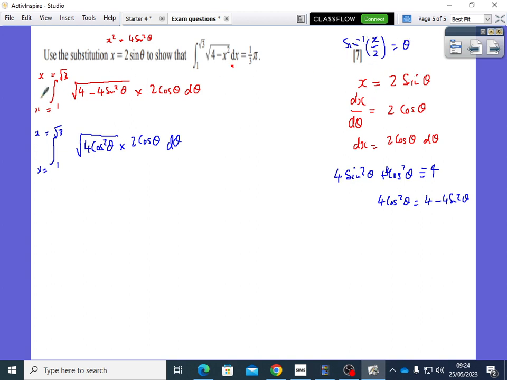So now if I put root 3 in there, theta is sine inverse of root 3 over 2. I'm just going to double check it. That's the exact answer anyway, so I'm pretty sure it's 60. I'm just double checking it here.